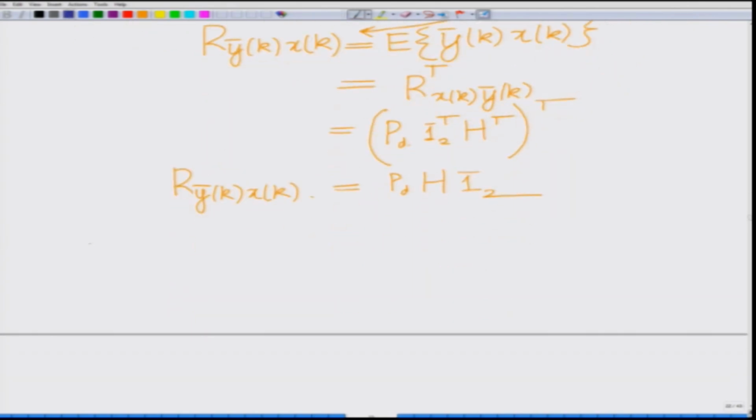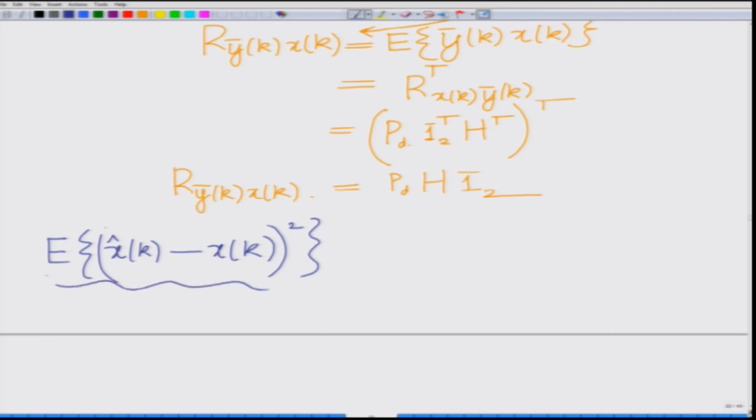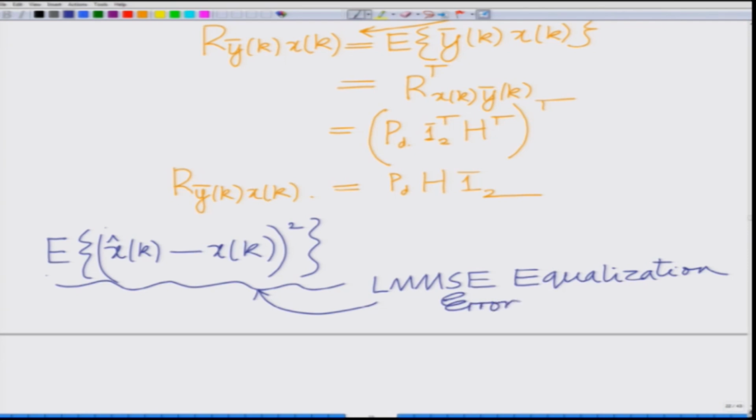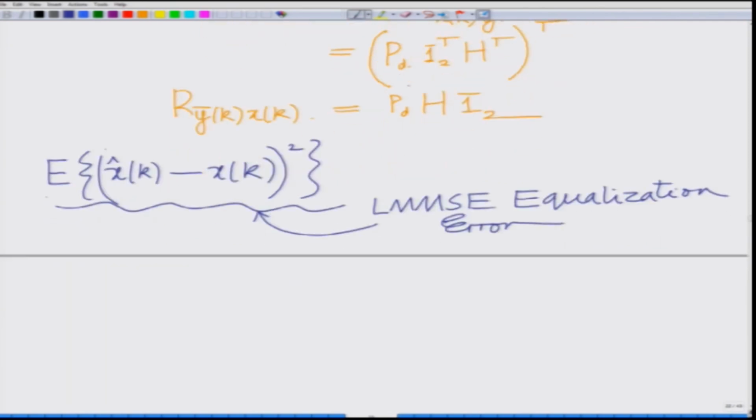Therefore, the expected value of (x hat k minus x k) whole square, this is the error of LMMSE equalization.